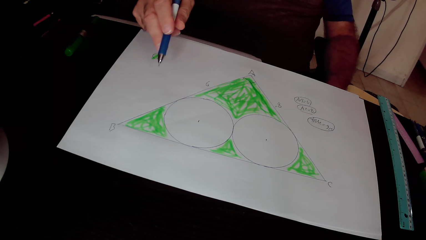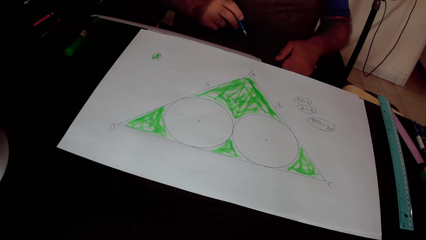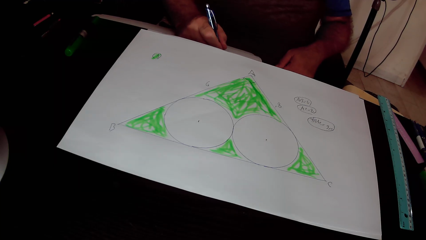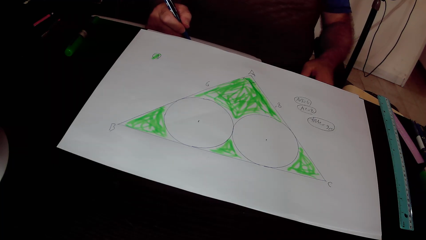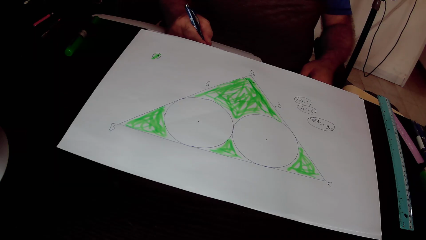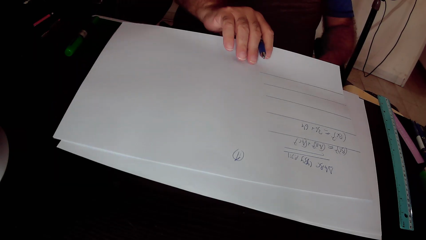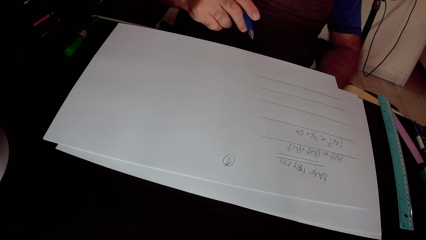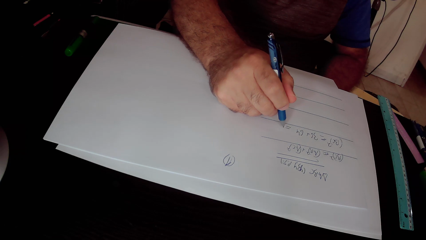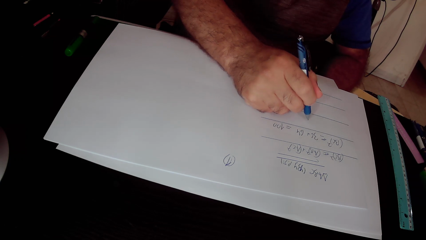equals AB squared. AB is 6, therefore AB squared is 6 squared, that is 36, plus AC squared. AC is 8, therefore AC squared is 8 squared, that is 64. So in total, we found that BC squared equals 36 plus 64, that is 100. So BC squared equals 100.